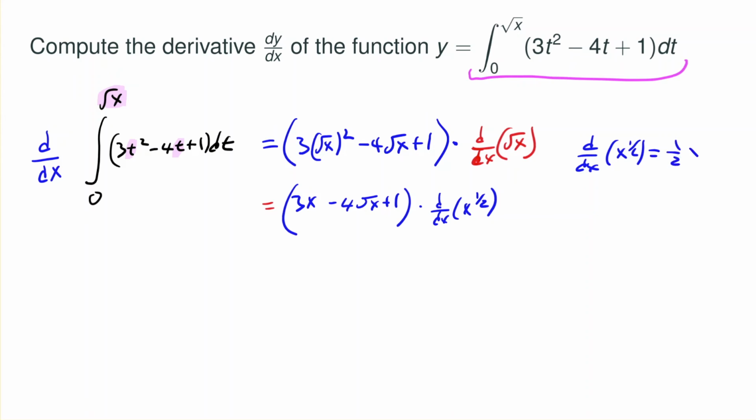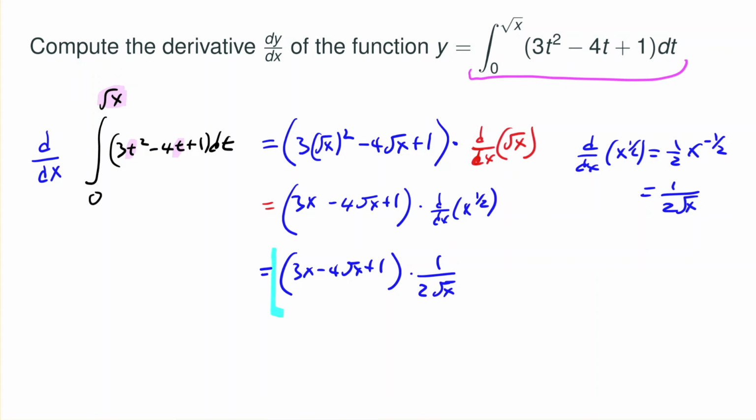I get half x to the negative half by the power rule, which is the same as 1 over 2 square root of x. So we get 3x minus 4 square root of x plus 1 times 1 over 2 square root of x. So this right here is the derivative of this function.